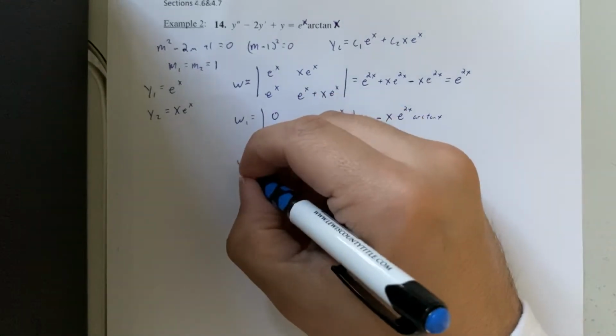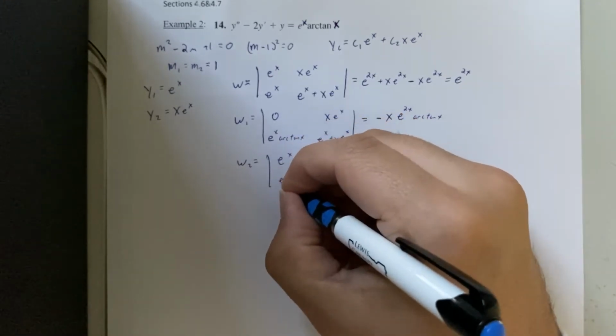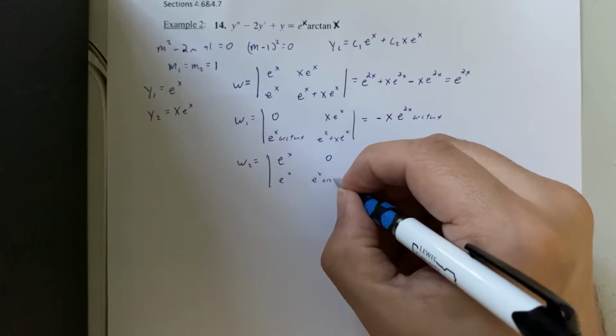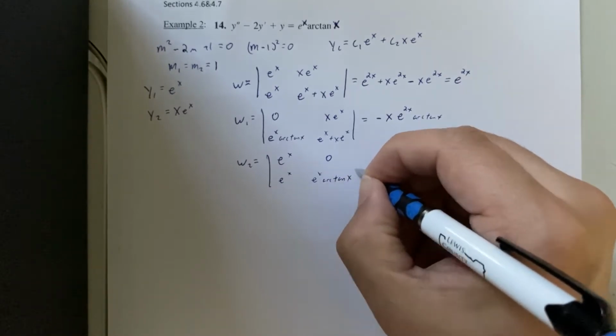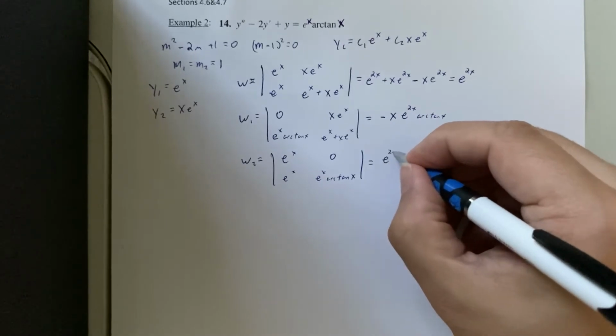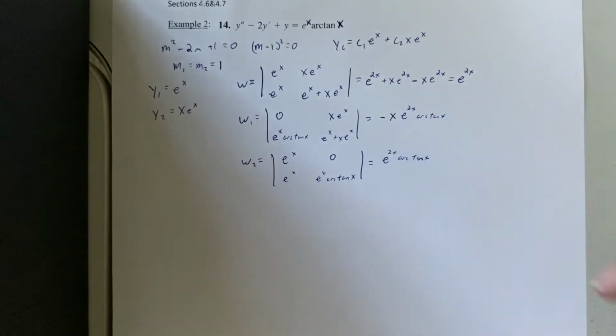Then let's do Wronskian sub 2, and it's going to be e to the x, 0, e to the x arc tan x. Multiply here, and I'm going to get e to the 2x arc tangent of x.